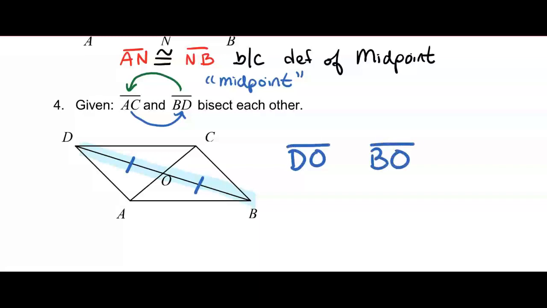And then when BD bisects AC, which segments are being broken and created? AO and CO. And I want to make sure, it doesn't really matter which ones get the 1 tick mark versus 2 tick marks. What matters is that they're paired up. 1 with 1 and 2 with 2.